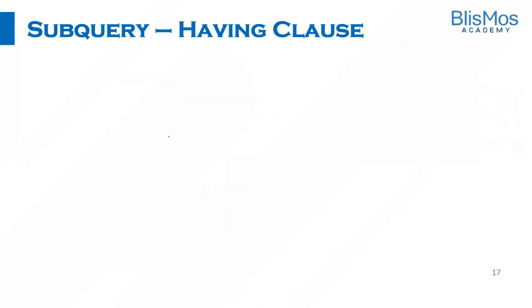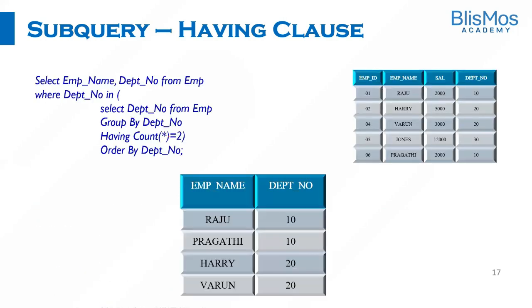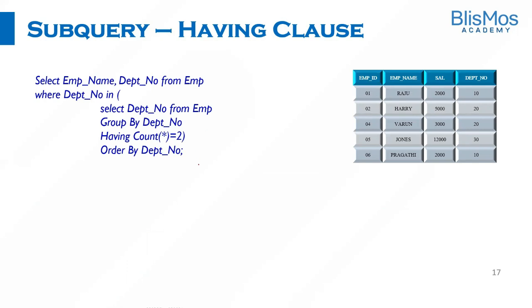So how does the having clause work? We understood the having clause can be used wherever we want to filter the groups themselves. In this case, what we want to do is select those departments having a count equal to 2. So having is a condition within the group by. The way it works is first the group by will happen on the department number. For 10, the count is 2, for 20, the count is 2, and for 30, the count is 1.